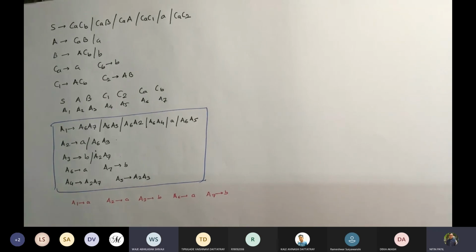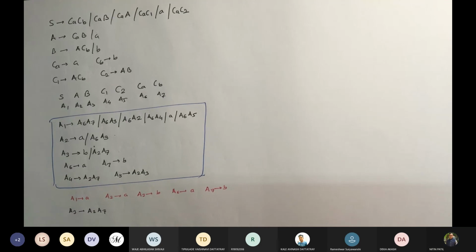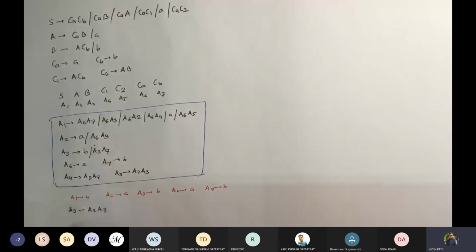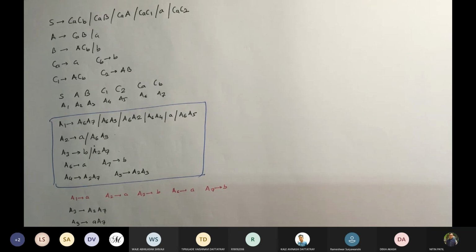किससे स्टार्ट करूं? A3 से करूं, ठीक है। तो A3 gives A2 A7. A2 के कितने वैल्यूज है हमारे पास? A2 के वैल्यूज है 2, करेक्ट। एक है A और एक है A6 A3, so we'll write them. So we'll rewrite this: A3 gives A A7 बराबर है इधर। ओके। देन A2 का दूसरा वैल्यू क्या बचा है?